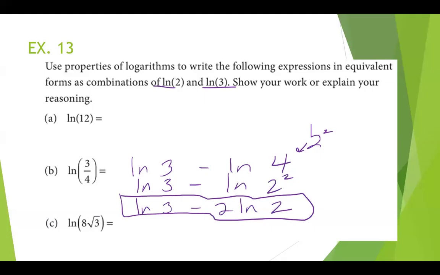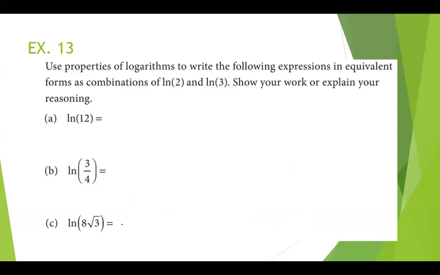Questions, comments, concerns? All right, on C, I'm going to give myself some room. On C, what property is it? Quotient or product? Product. This product, I have 8 times the square root of 3.